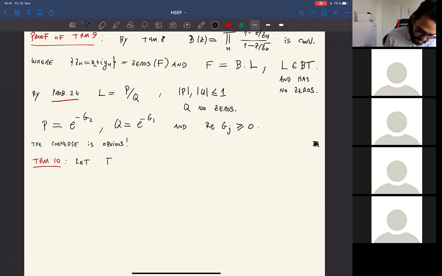Let f be a function of bounded type, and the zeros of f don't accumulate.